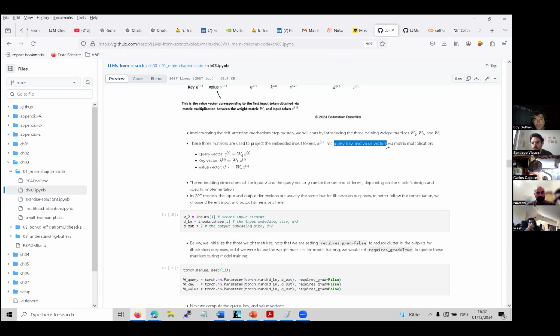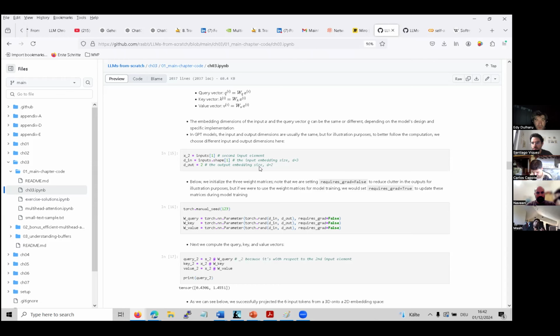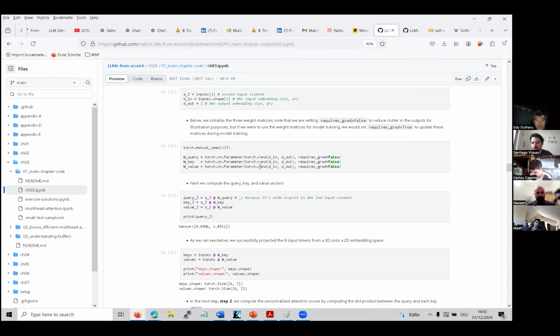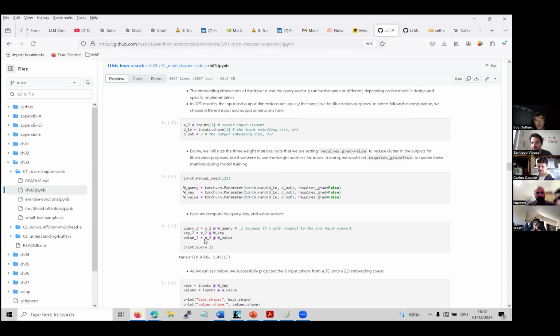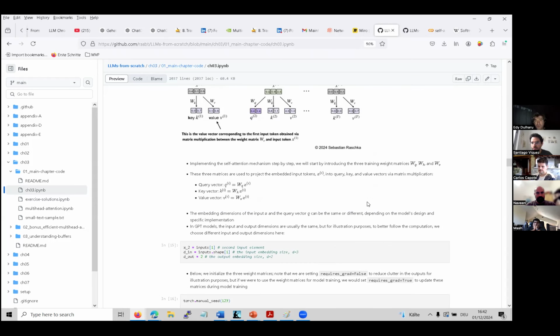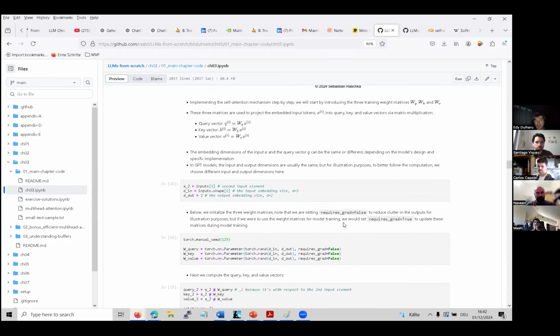And in order to do that, each matrix should have a certain shape in order to get to this result.